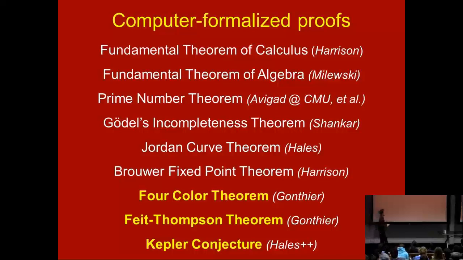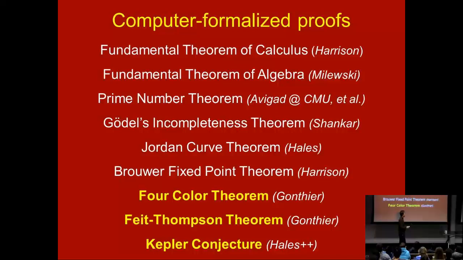Fundamental theorem of algebra, prime number theorem, which was led by a person in the philosophy department here at CMU, Jeremy Avigad. Gödel's incompleteness theorem, which we're going to prove in lecture 15. Hales sort of warmed up for his efforts by doing the Jordan curve theorem, which is a famous theorem in mathematics that seems simple but has a very tricky proof.